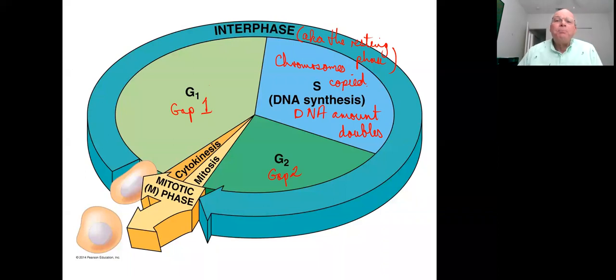And now with the ability to be able to measure the increase in DNA during what is now called the S phase of interphase, you have 2 periods of activity. One where the cell is obviously dividing and one where the cell is obviously copying the chromosomes. But then we have these 2 gaps in between the mitotic phase and the S phase. So they became known as gap 1 and gap 2.